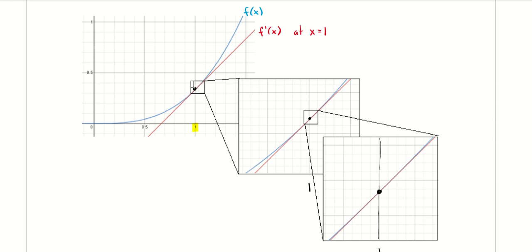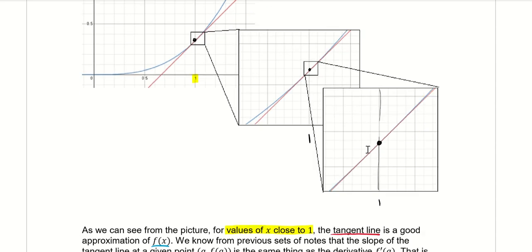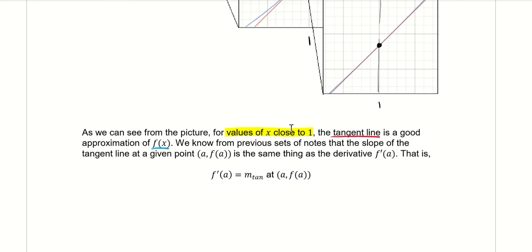And the idea is, if we are relatively close to that point, in this case x equals 1, then we can see that the function in blue and the tangent line in red act pretty similarly near, in this case, 1. So for values close to 1, again in this specific case, the tangent line is a pretty good approximation of the original function.